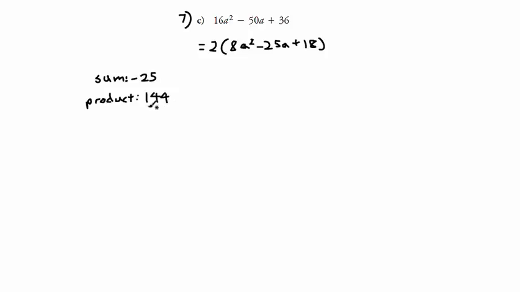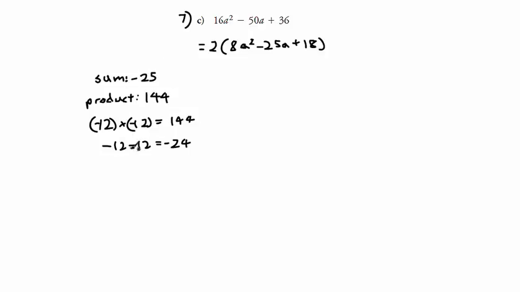But before we think of all the possibilities, 144 is a pretty recognizable number. It's a perfect square. We know that 12 times 12 equals 144. And when we put a negative on both of these numbers, we have a sum of minus 24, and that's pretty close to minus 25.